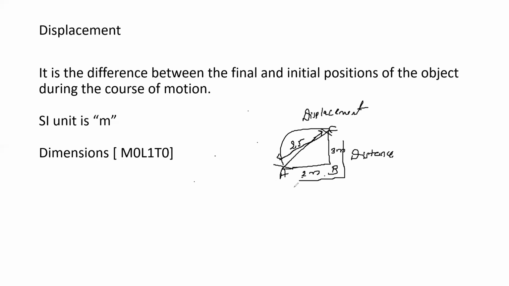What is the displacement here? Distance is 2 plus 3, which is equal to 5 meter. What is displacement? As I told you, it is the distance between the final and the initial point, which is 2.5 meter. You can see here the distance and displacement.